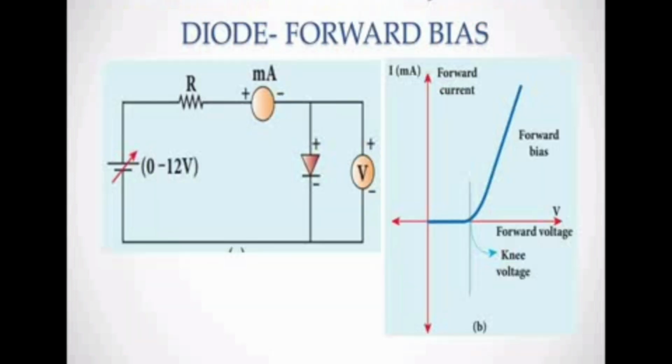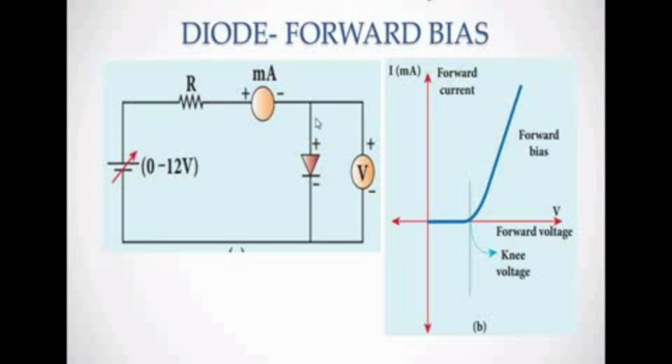Now the characteristics of a junction diode in forward bias. See here, this is the PN junction diode connected to the circuit, with a voltmeter, a milliammeter, a resistance and a variable voltage.